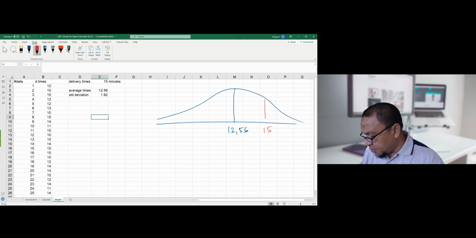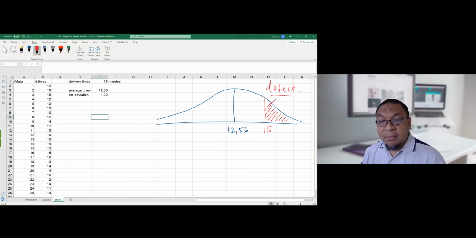Everything less than 15 minutes is a successful process, and more than 15 minutes is considered a defect.